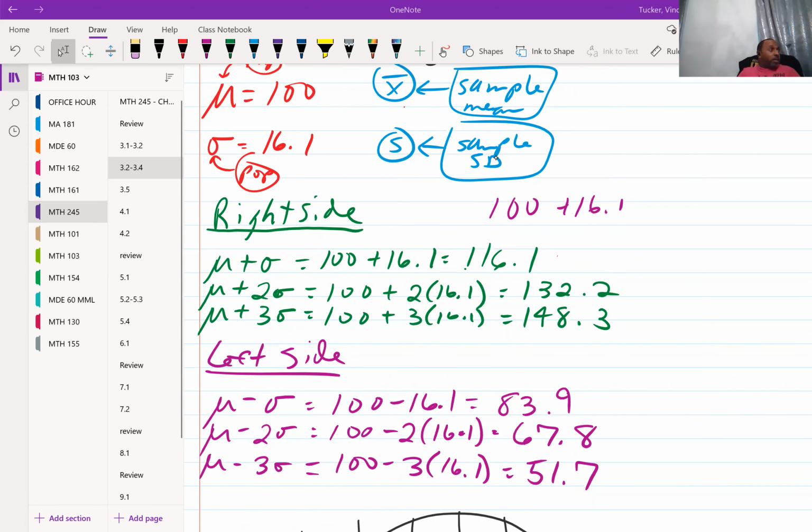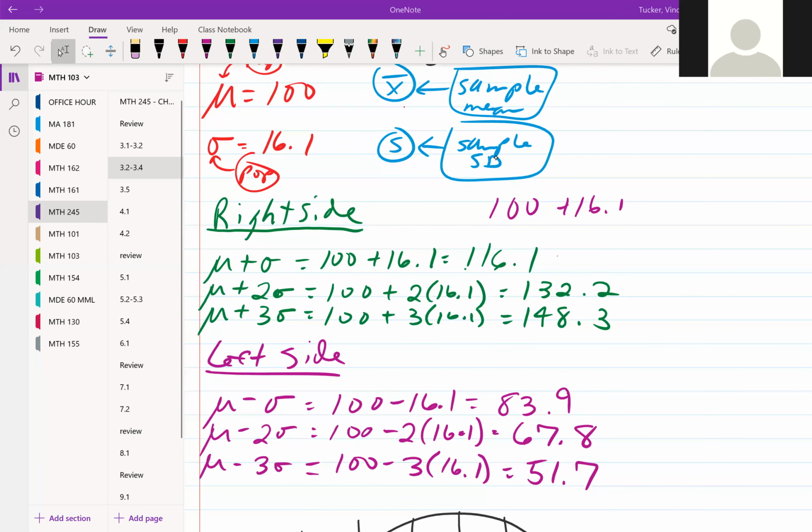So it's 83.9, 67.8, and then 51.7. And once again, those numbers are determined by whatever your mean and your standard deviation are.